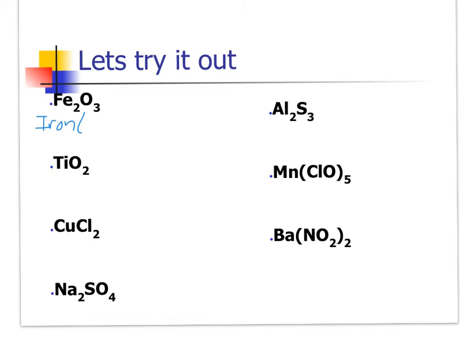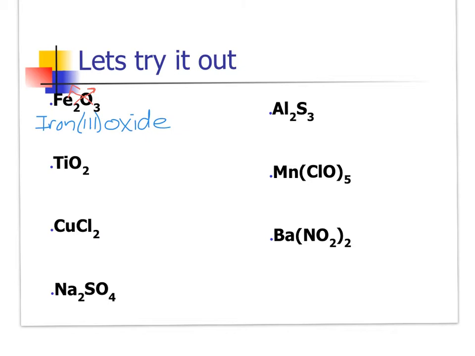Well, I do my reverse crisscross. And I have a 3 goes up to the iron, and a 2 goes to the oxygen. Does that make sense? Should oxygen have a -2? Yes, it should. And therefore, I have iron 3 oxide.